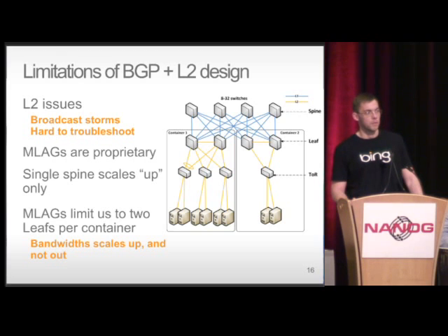So one of the reasons was, let's try to get to simpler boxes with lower port densities, but scale the spine not up, but horizontally. And lastly, mLAGs only limit us to 2 devices, 2 switches in the container. So essentially, the same problem. We have to grow capacity up and can't scale horizontally.